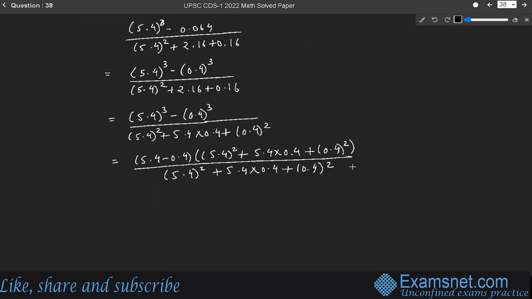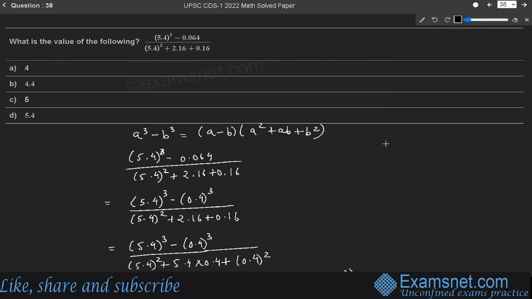On further solving, both these terms will be cancelled because they are the same. So the remaining term will be 5.4 minus 0.4, which is equal to 5. So the value for the given expression will be 5. Therefore, the correct option is option number C here.